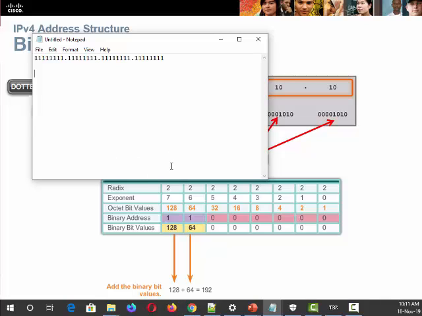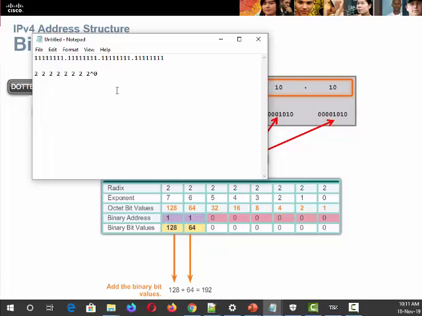The radix is 2, and the exponents are 0, 1, 2, 3, 4, 5, 6, 7.